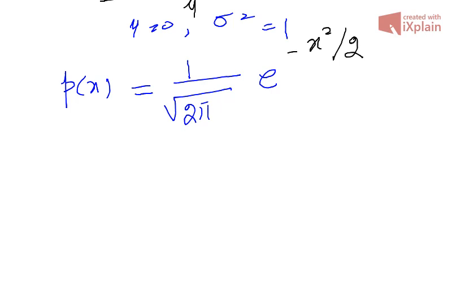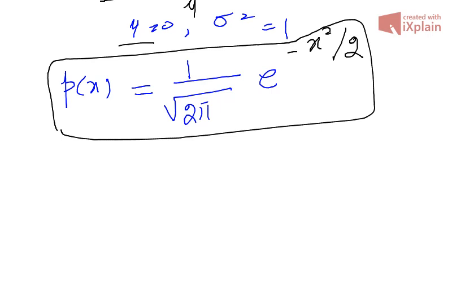So we substitute the mean 0 and variance sigma square in the above expression, and we get the new expression for p of x, which looks like this one.